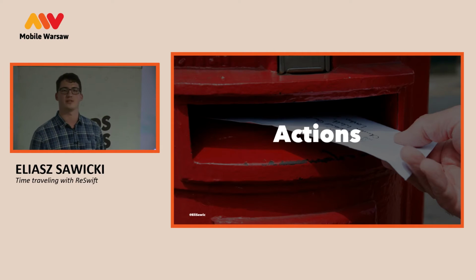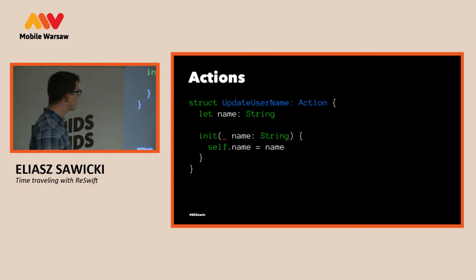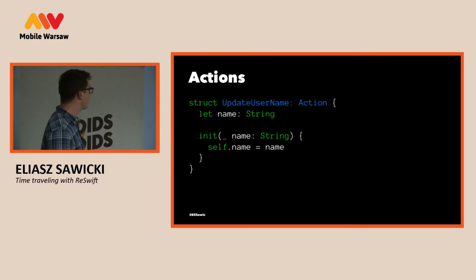And what is important, in these letters, you cannot write code that actually changes the state. It's basically only information about the payload. So here is an example action. It's called update username. As you can see, it only has one variable. It's a string.